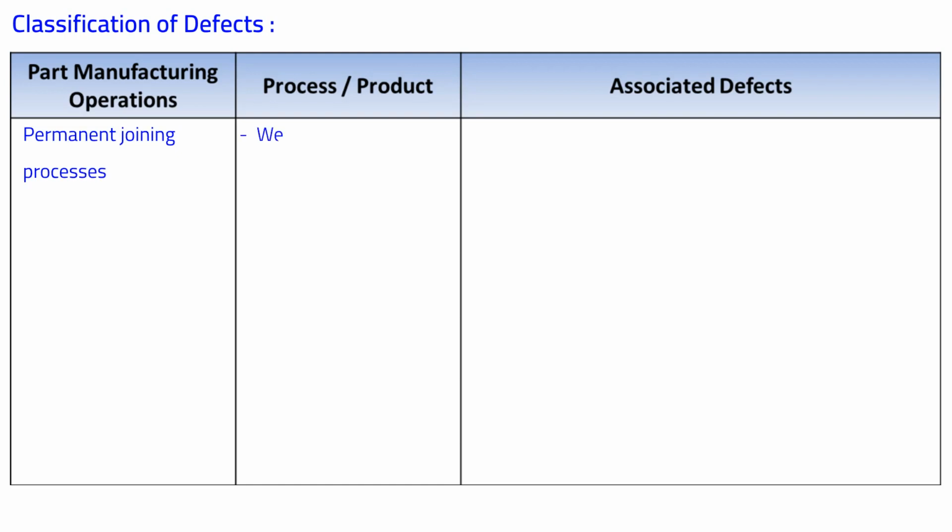Welding, brazing, soldering, and adhesive bonding are considered as permanent joining processes.